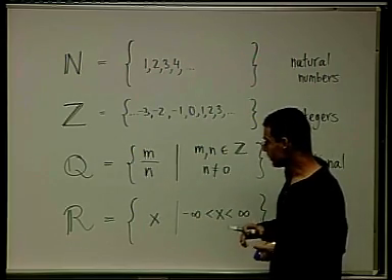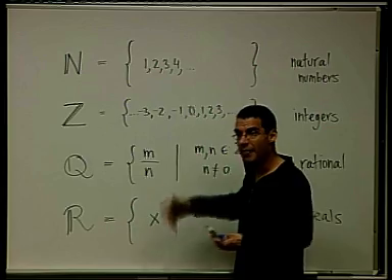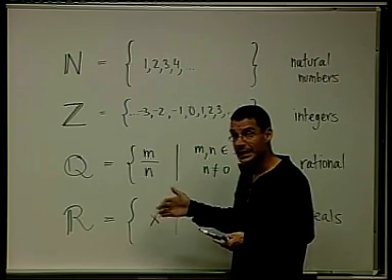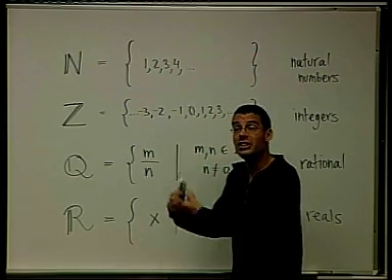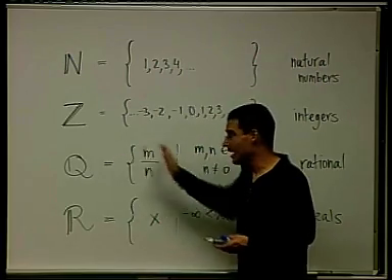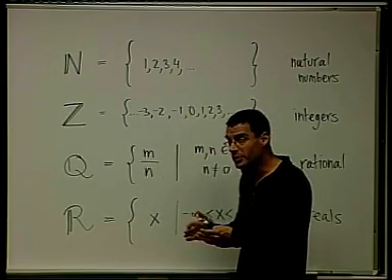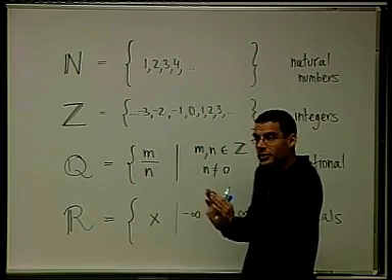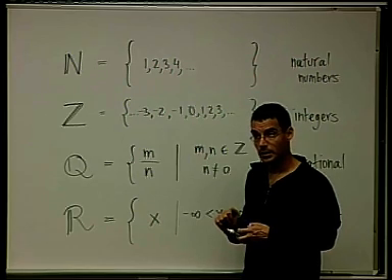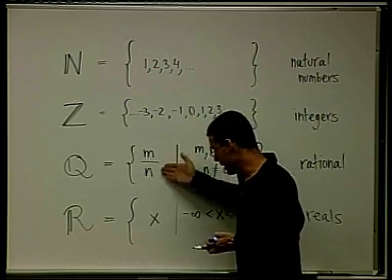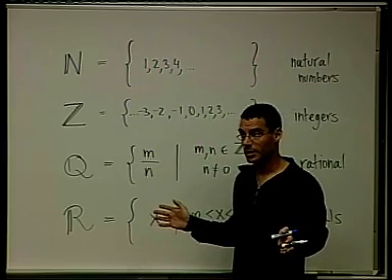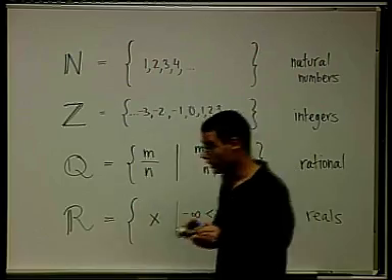So if m and n have a common factor, we can divide m and n by it and get the same number in a more reduced form. Do you agree? So whenever we get a rational number, we can always reduce it until it's at the most reduced form. Okay? Do you agree? To the point where m and n do not have any common dividers. Do you agree?